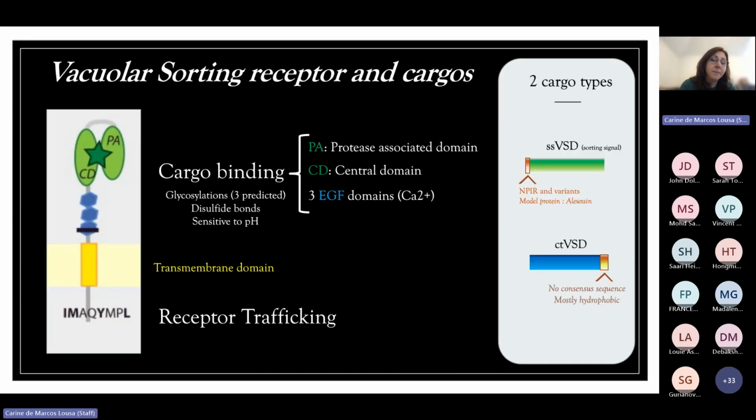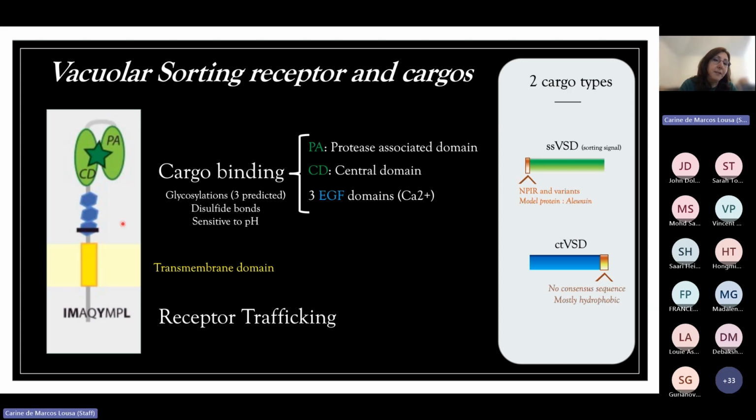I was a postdoc at the University of Leeds looking at this cellular trafficking, and I was a little bit frustrated that we didn't have a structure for vacuolar sorting receptors to understand how they function. So I decided to have a look at that more specifically.